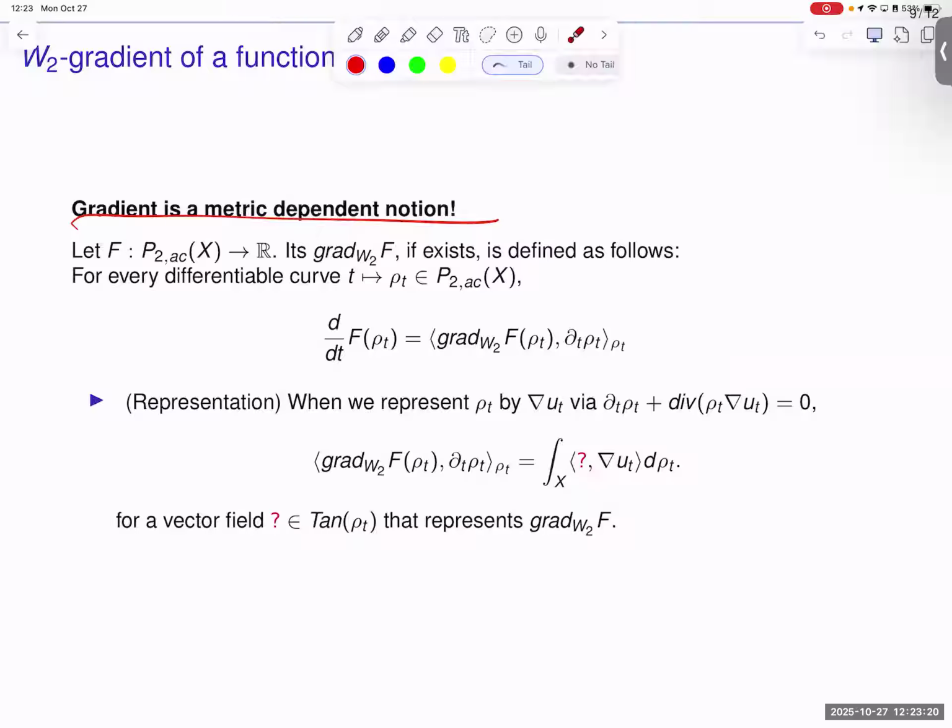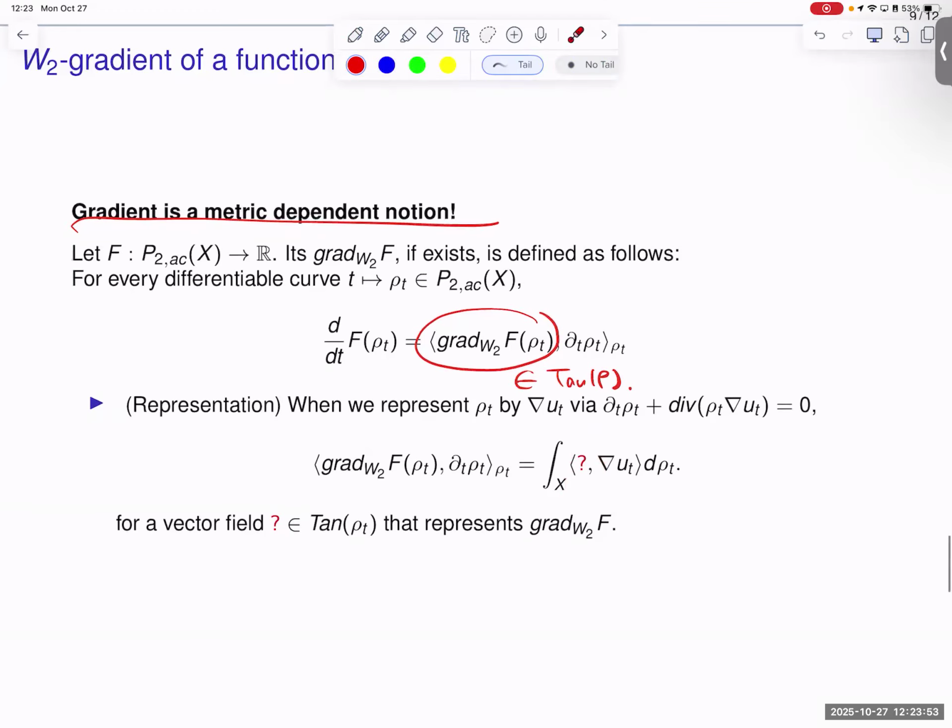Then the question is, given f here, what should be the corresponding vector field there? At the moment, the W2 gradient of f is something in the tangent space, the tangent space at rho. But now we want to represent it as a vector field. Then what should be such an expression?